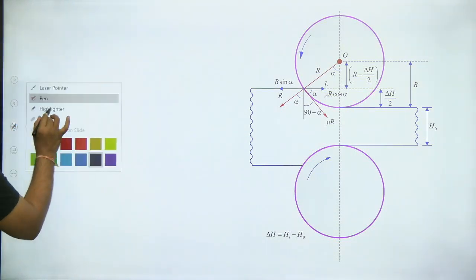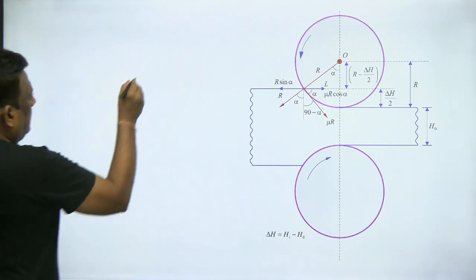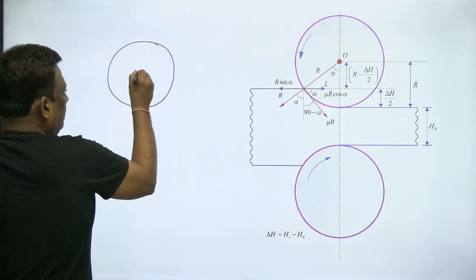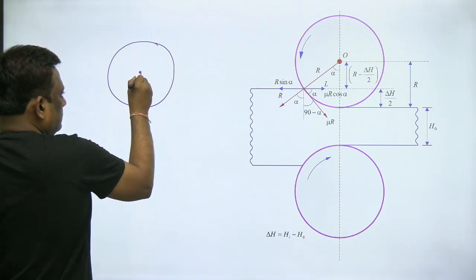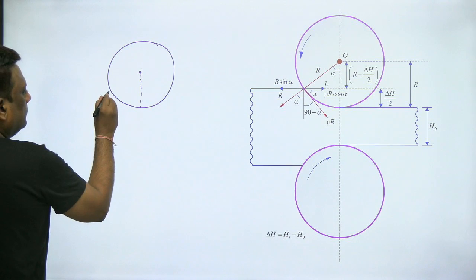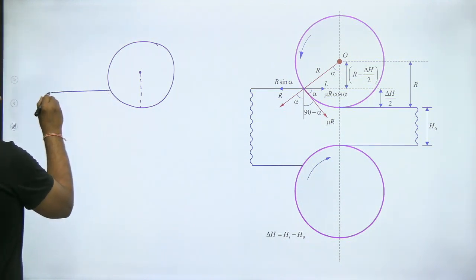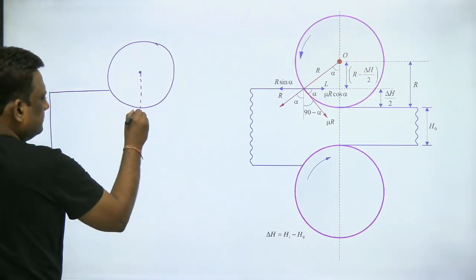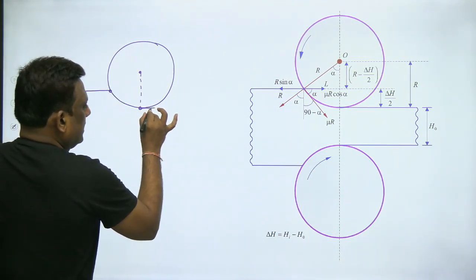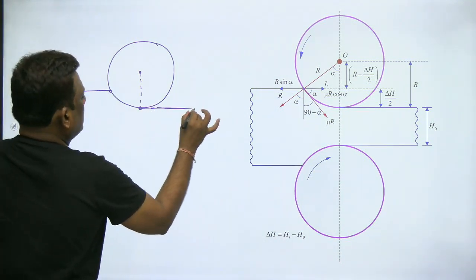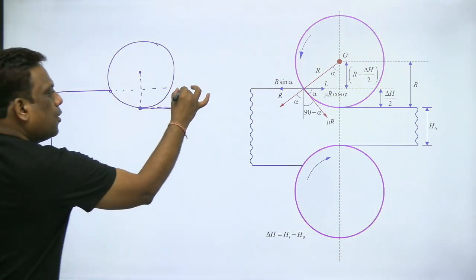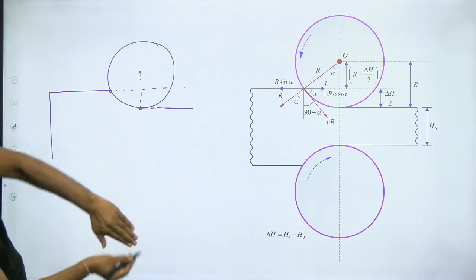Okay, observe here. Let us assume this is the center, and this is the plate. You are reducing from, understand carefully, this side half, the other side half.